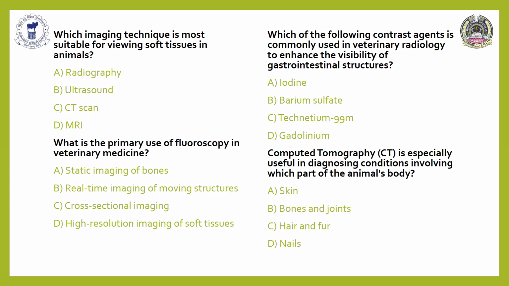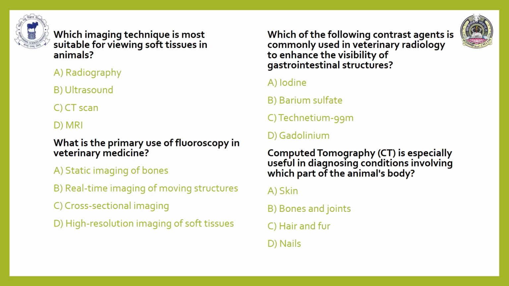If we want to view them, then fluoroscopy is used. So it allows real-time imaging of moving structures like blood vessels. But because ionizing radiation is used in large amounts, it has radiation hazards. So it is very less commonly used, only for experimental purposes.